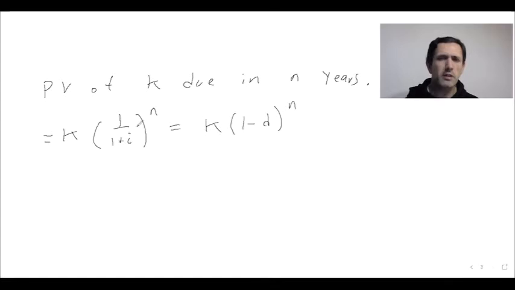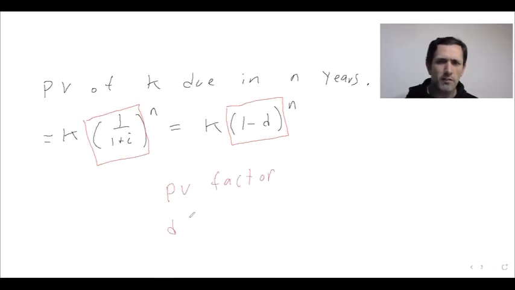And for this reason, some people call this term here, well, they're going to be the same, what's in the red, but because they're the same, some people call what's in the red the present value factor. Some people call it the discount factor. Some people, probably like myself, use both in the same example sometimes.